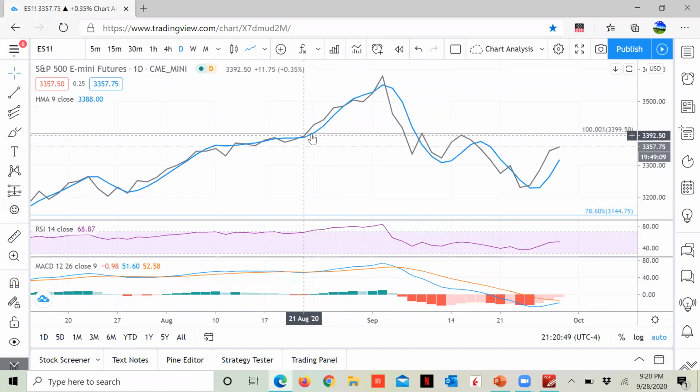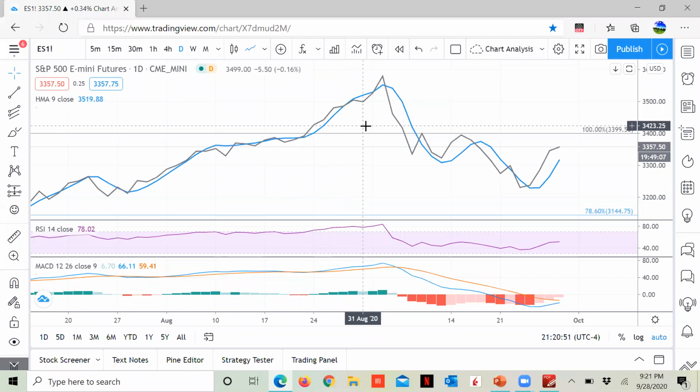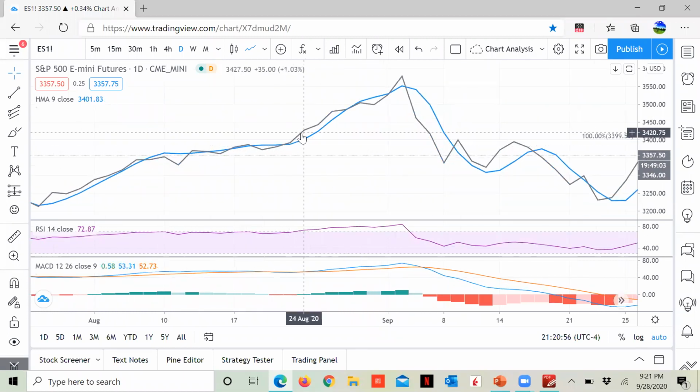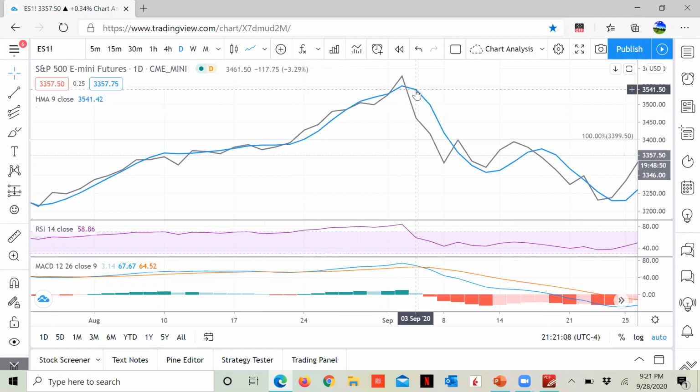So whenever this price goes over this Hull moving average, that's an upward trend, a bullish or buy signal. When it goes below that Hull moving average, that's a downward trend or a bearish trend.